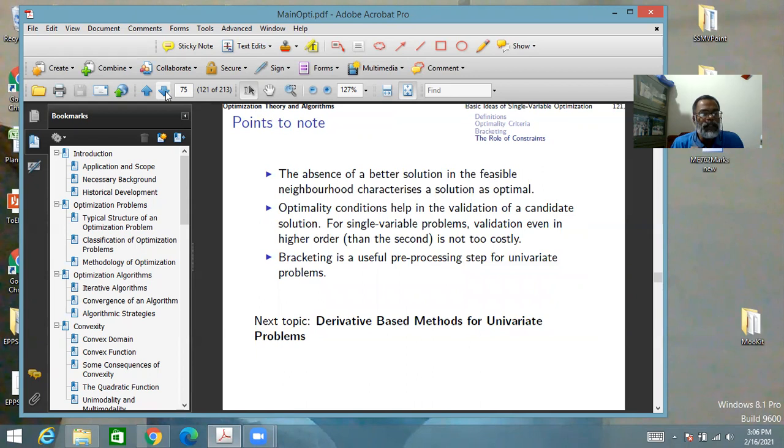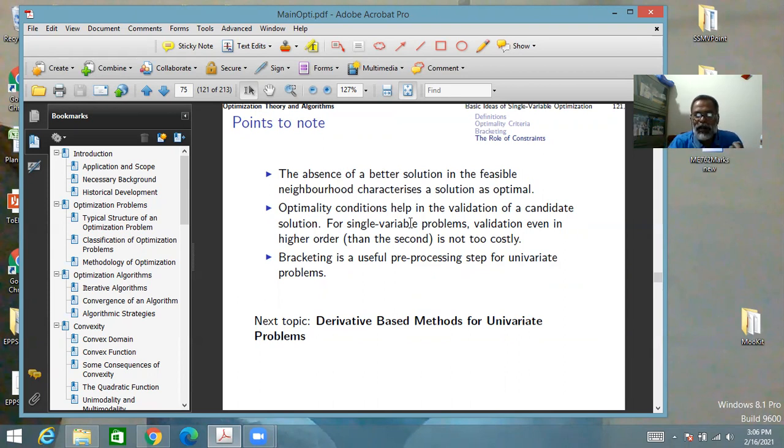Now let me summarize whatever we have got till now. From the definition, we found that no better solution in the immediate neighborhood means the current point is an optimal point. This is the first thing in definition. Optimality conditions help to validate a candidate solution.